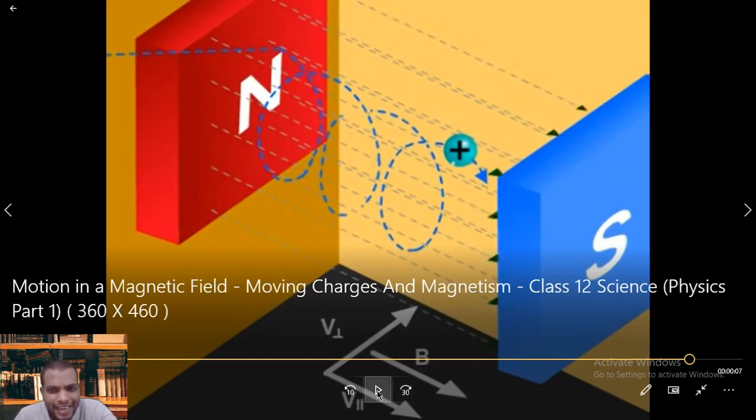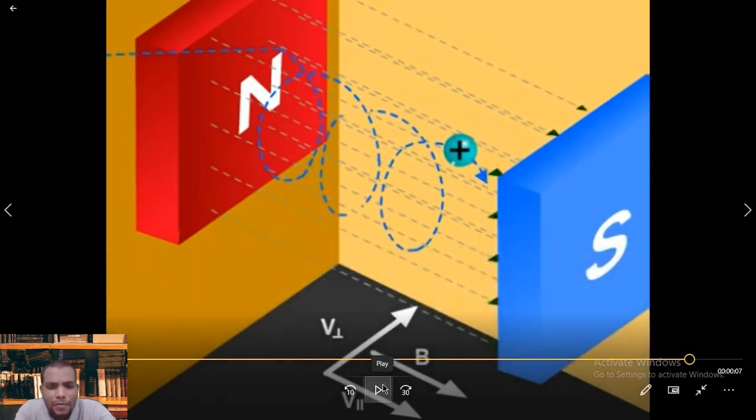What about if you take a conductor which carries a current? If we place that conductor in a magnetic field, not a single charge, but this time a current carrying conductor placed in a magnetic field, then like a single charge, will it experience any force?